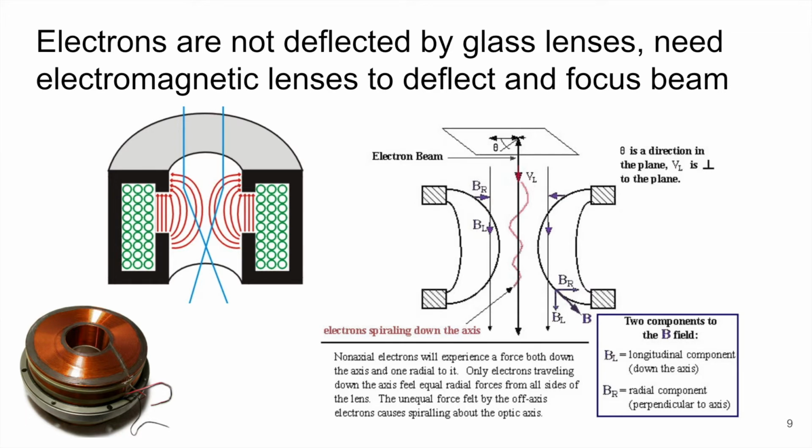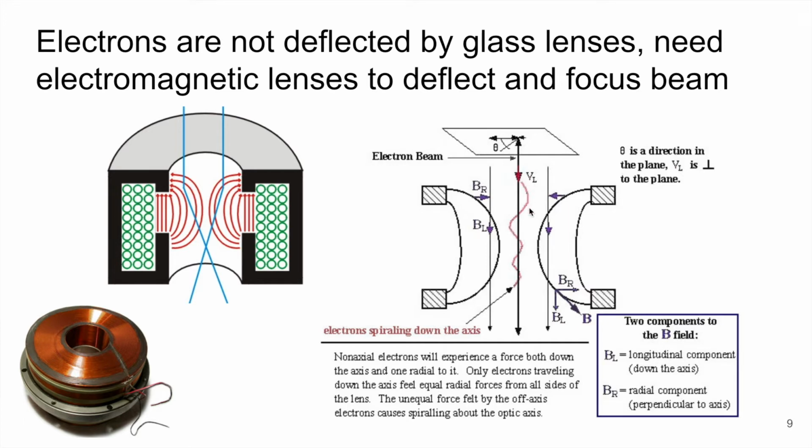And so these two components basically act on the electron, and they really only act on those non-axial electrons. So if it's following the path down the axis, then there's no force on the electron. It's only these off-axis ones, like the ones that are over here, that have force.